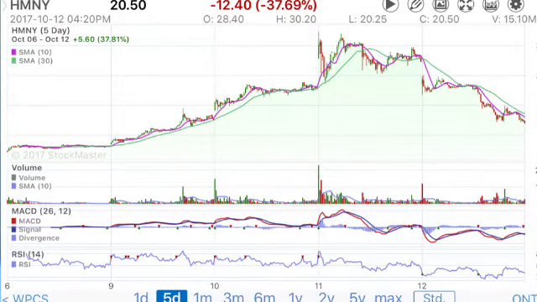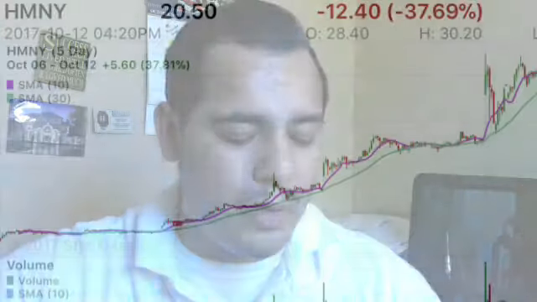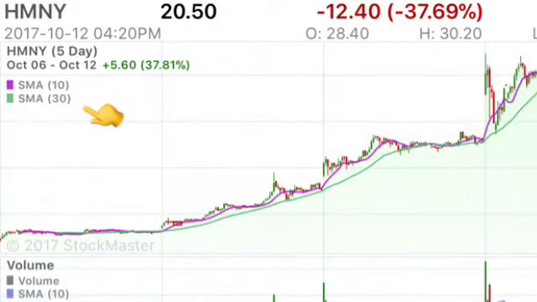If the purple line stays above the green line, that means wherever it's going, it's going to keep trending up. If the purple line drops below the green line, it means the stock is going to stop rising and start going down. So that's what the little green and purple squares mean to me.